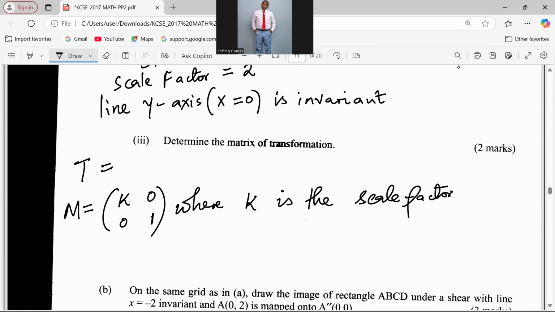Therefore, we can just adopt directly, and because we have determined the scale factor up there, we just fix it here. Instead of the general matrix, now we have a specific matrix for the above transformation.